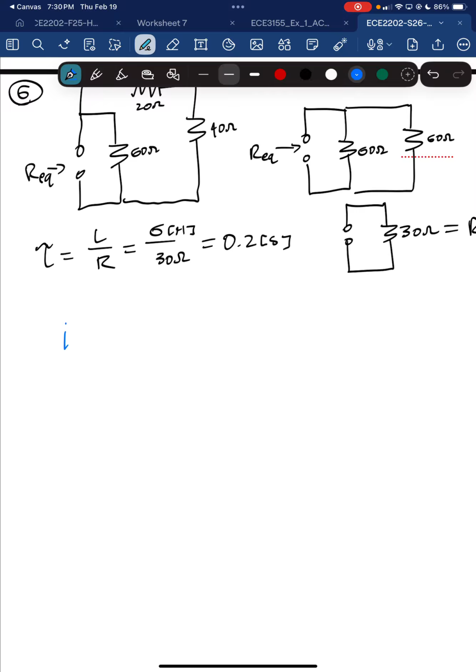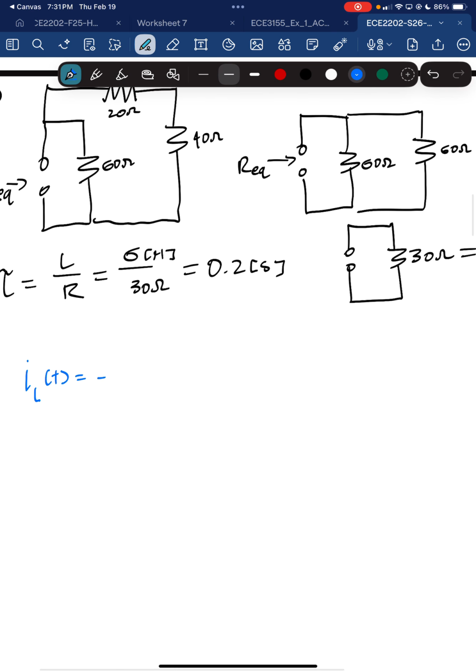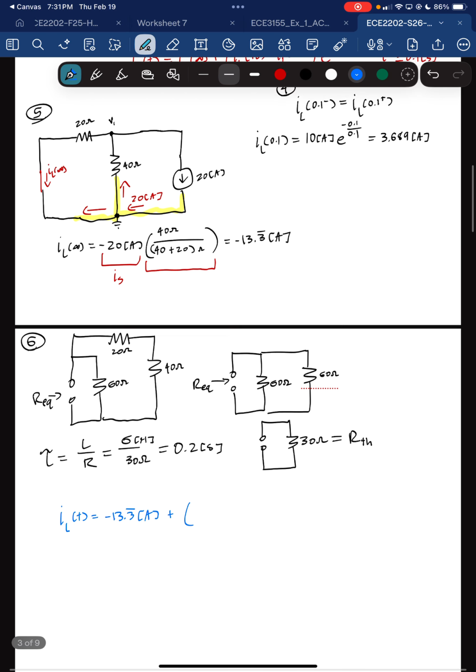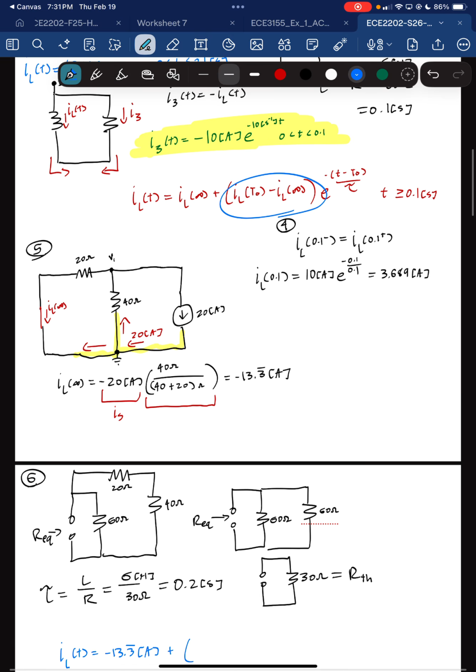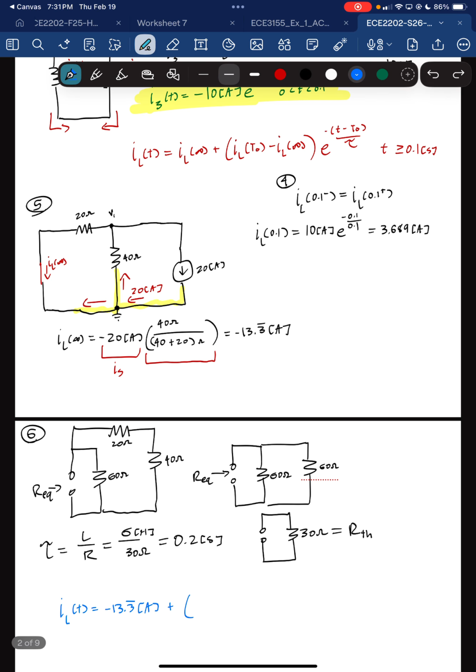And so our new equation for IL of t is going to be IL of infinity, which is negative 13.3 repeating amps, plus IL of t naught minus IL of infinity. IL of t naught we found to be 3.689, and then minus negative 13.3, so plus 13.3.